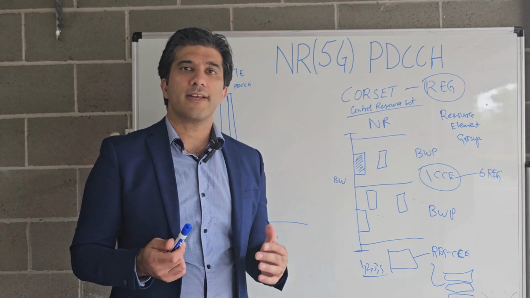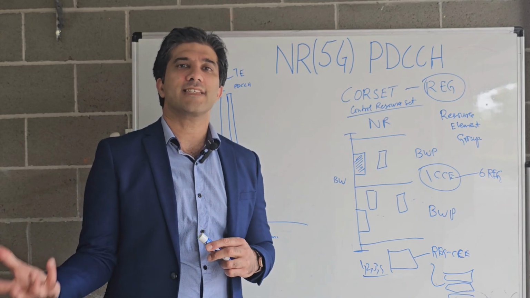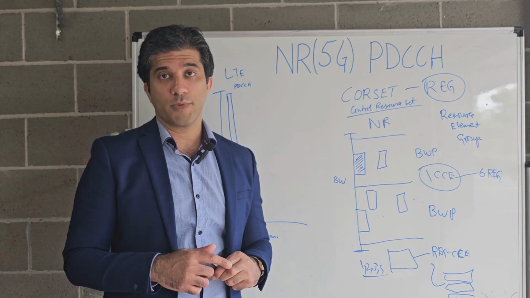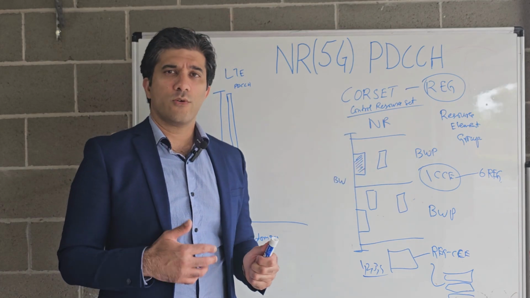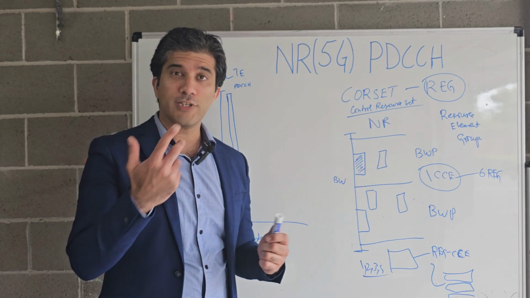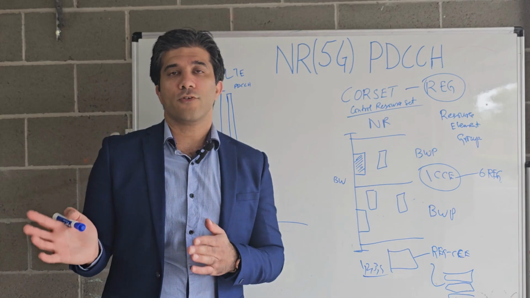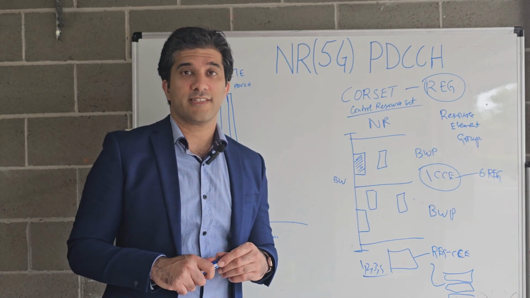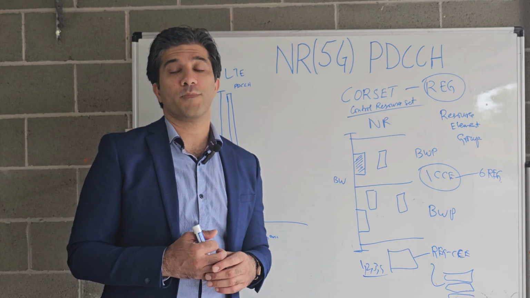So this is another advantage of moving from NR NSA to NR SA. One interesting thing you might do in your networks is a simulation run of when you transfer from LTE to NR, and see how much of a gain we have in the PDCCH error rate and correspondingly in the performance.